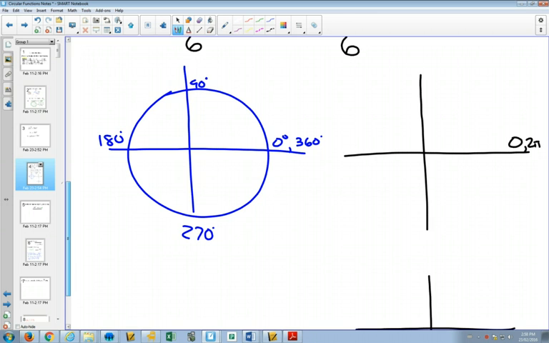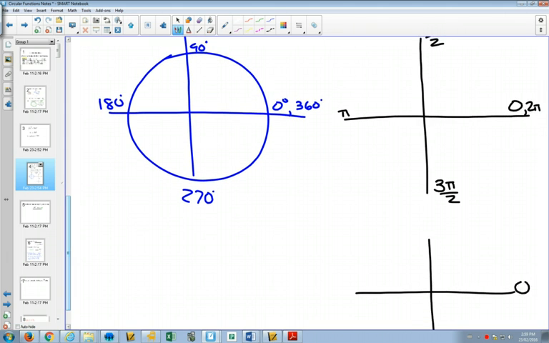Okay? Halfway around, up here, and down here, 3 pi over 2. Okay? Those are using values. So this means that pi radians is the same as 180 degrees.